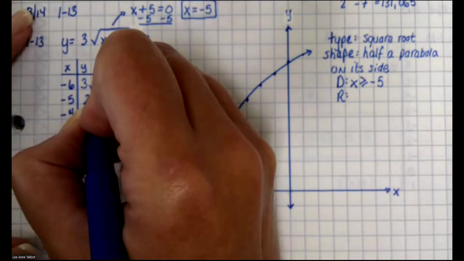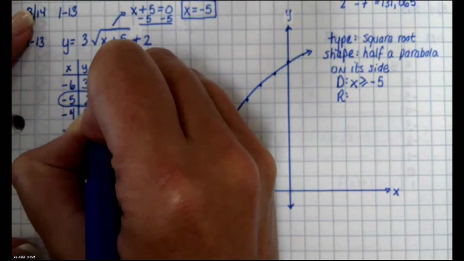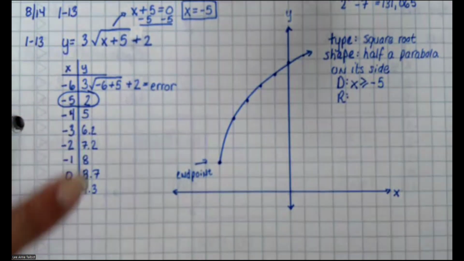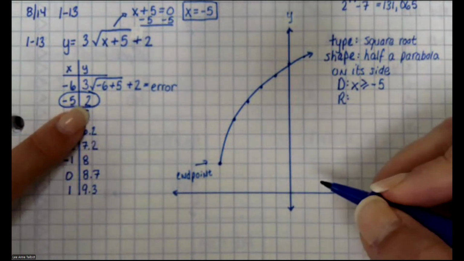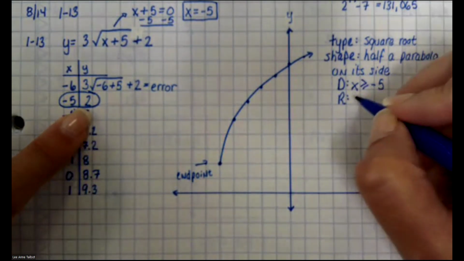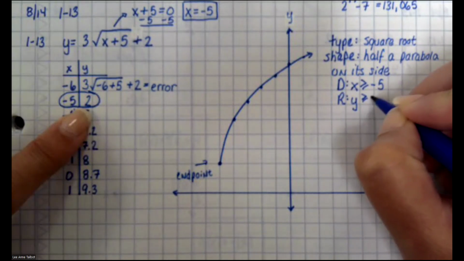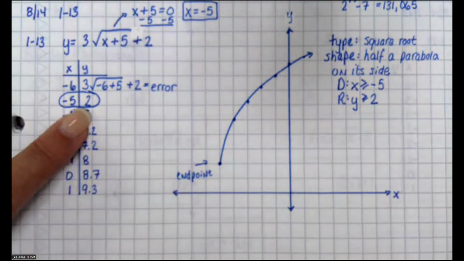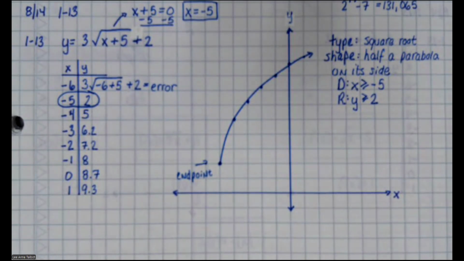And then I'm going to circle this. And then my range is this column, it's everything above and equal to 2. So your endpoint is also going to be the same thing as your domain and range.